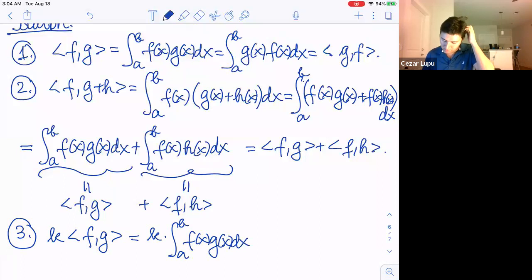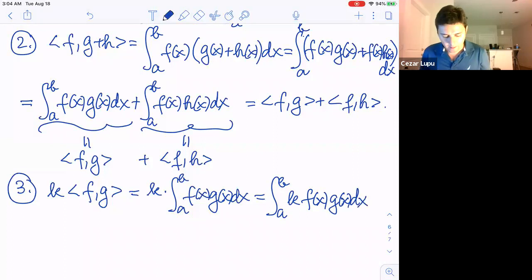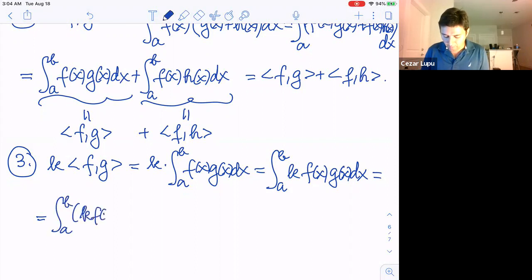You can put the constant inside the integral, and this will be the integral of k times f of x times g of x dx.